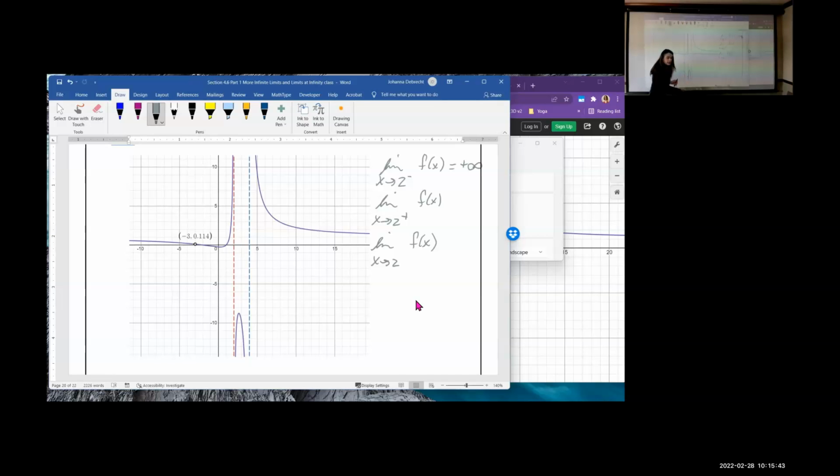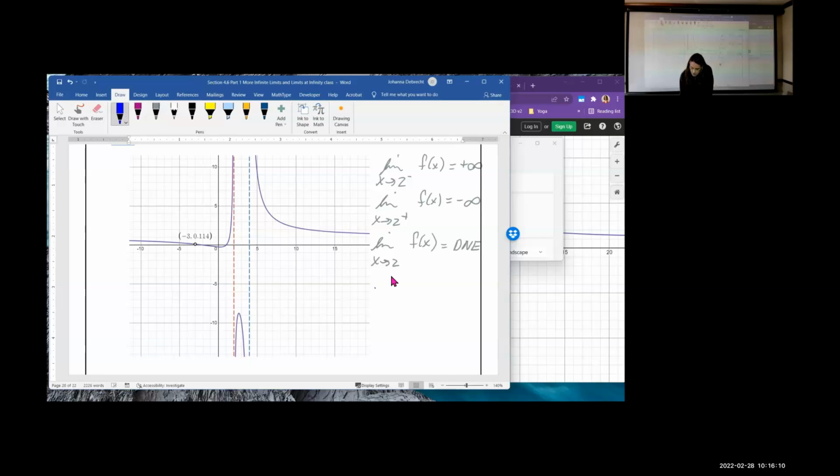Well, unfortunately, that looks like it's going to negative infinity. So what are you going to write for the value as the limit as x approaches 2? What is the only acceptable answer? Does not exist. Good. Thanks, Juan. Does not exist.